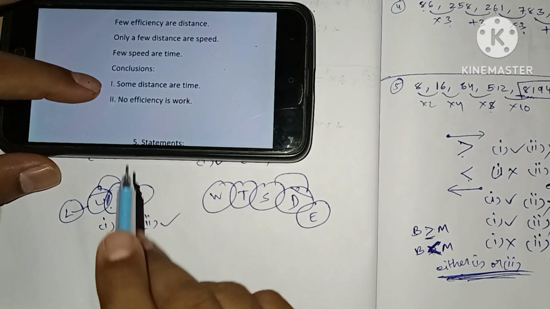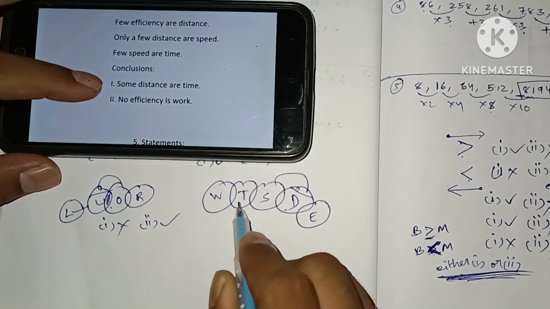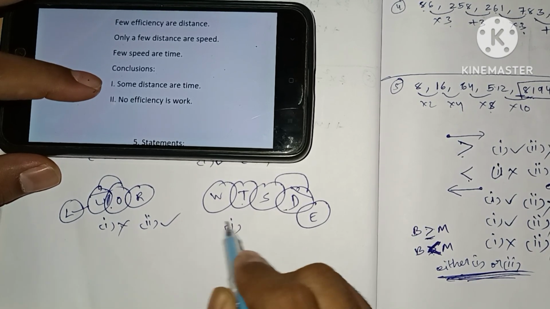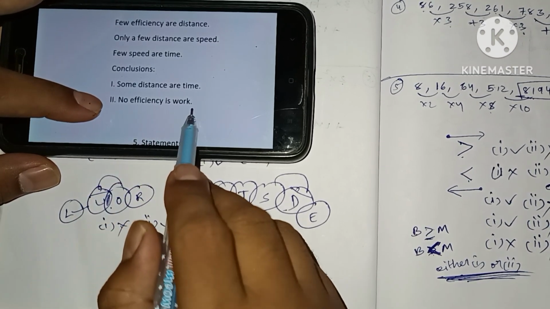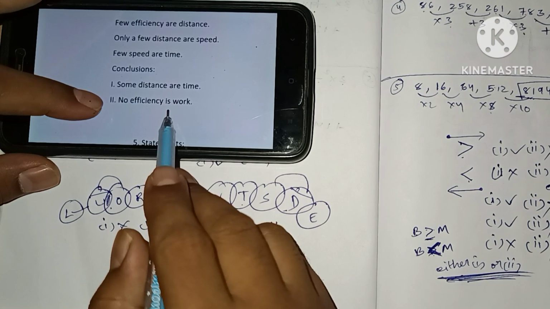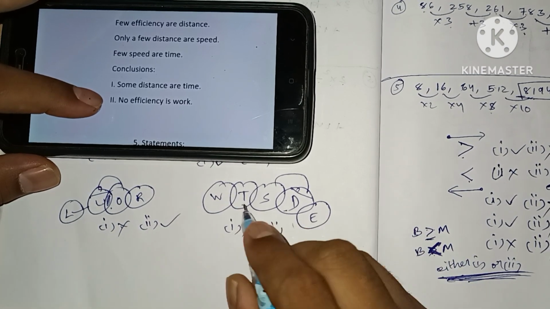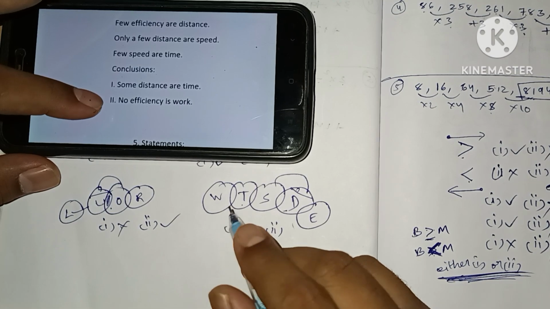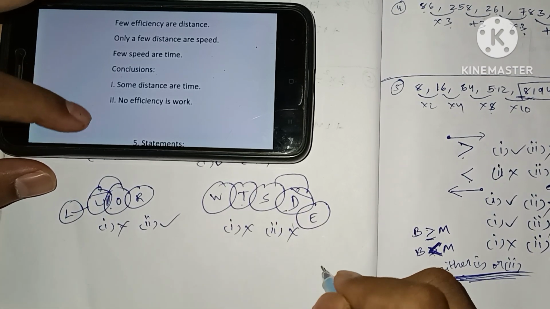Some distance are time. It is a direct conclusion. Some part of distance is sharing with time. No. So the first conclusion will be false. Second conclusion, no efficiency is work. We check whether some efficiency can be work or not. Some part of efficiency can share with the work. It is possible. Some case possible means no case will fail. So neither one nor two.